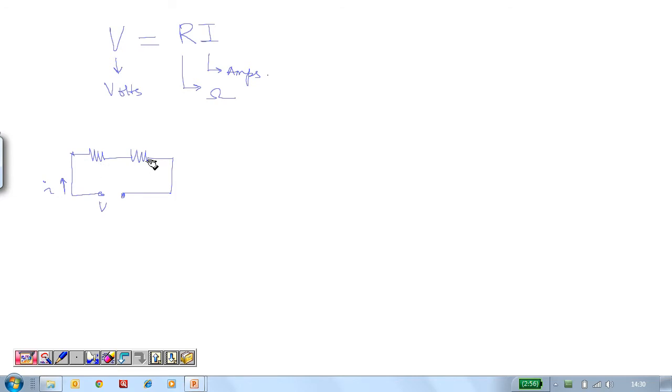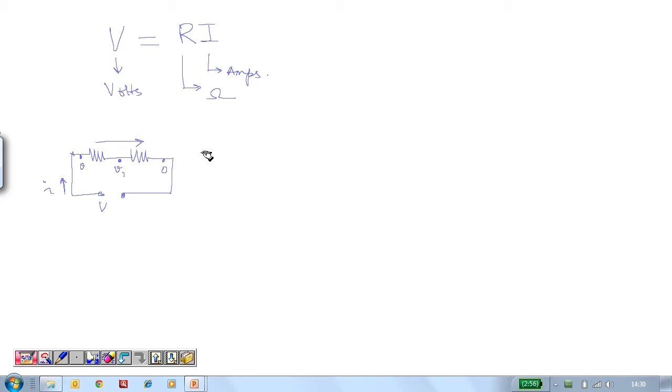Now in a serial circuit, you have a point here where the voltage is V1, and the voltage out here is back to zero. The current that flows through these two resistors is exactly the same.